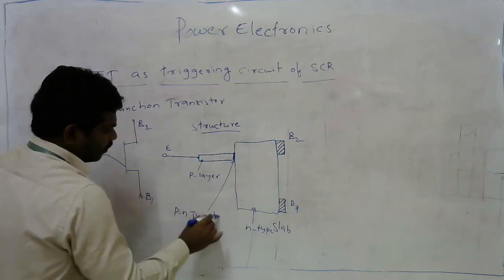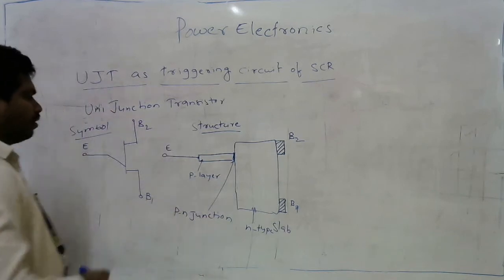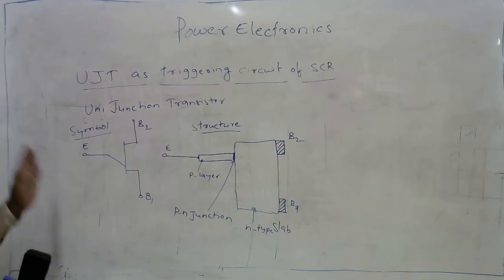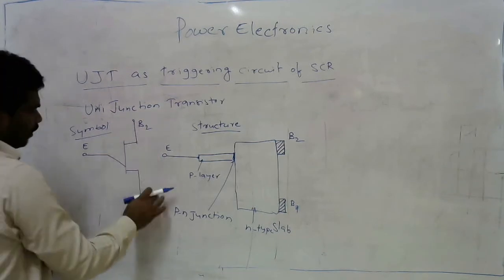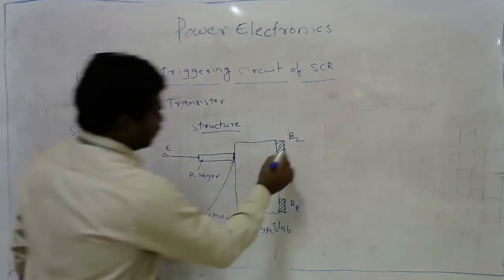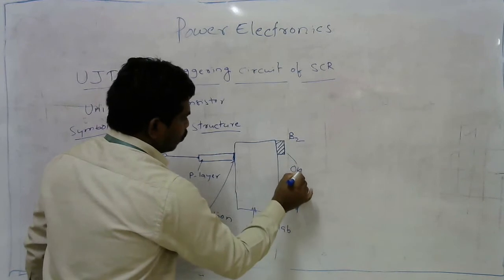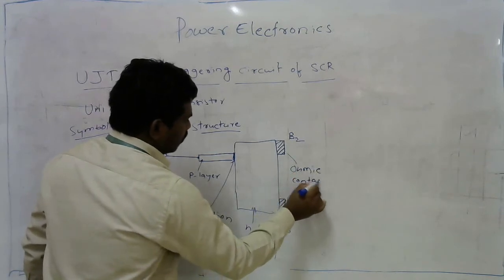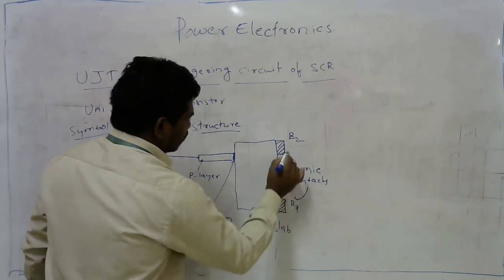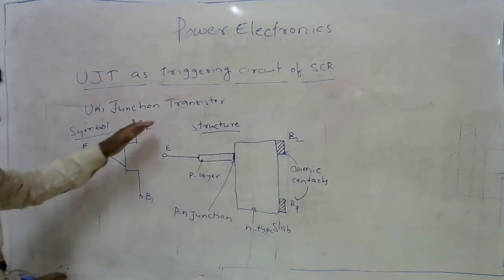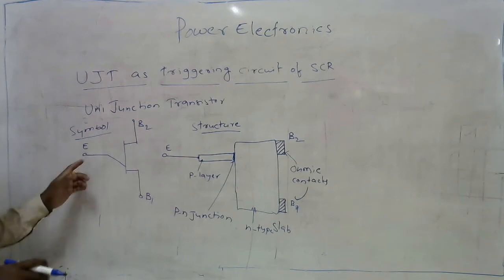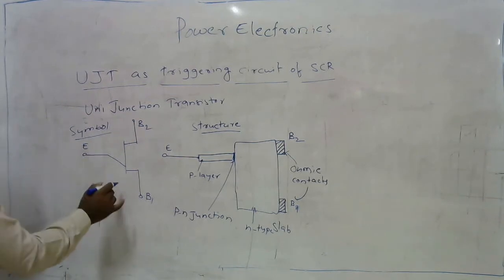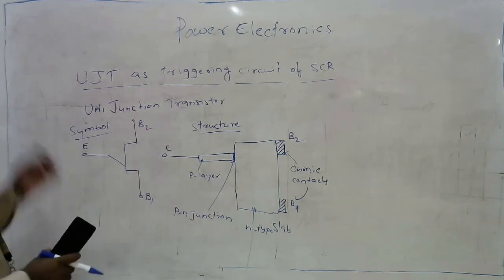You can convert this structure into a symbol very easily. These two are the ohmic contacts, and connecting the emitter terminal like this, you can represent the symbol of this UJT.